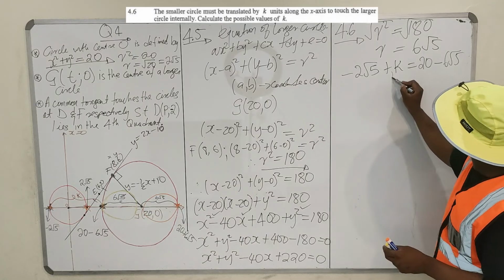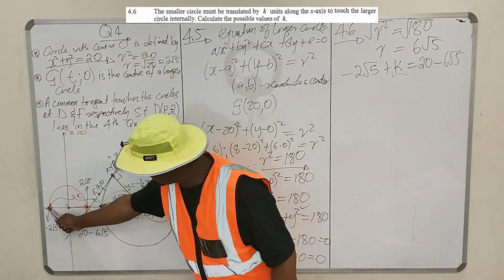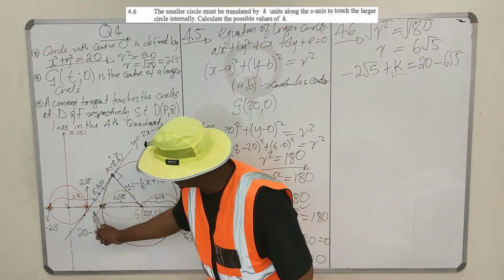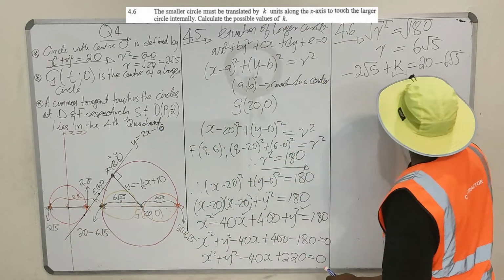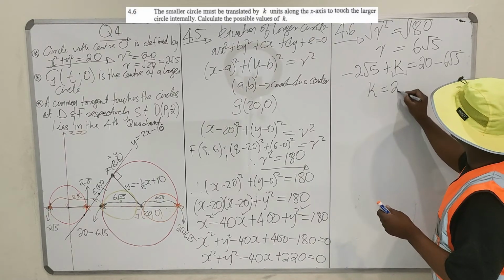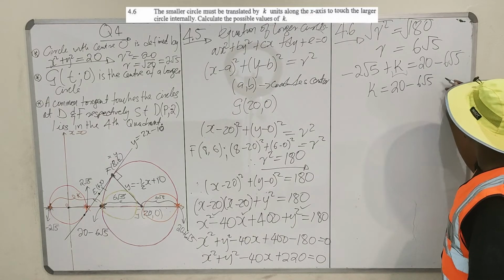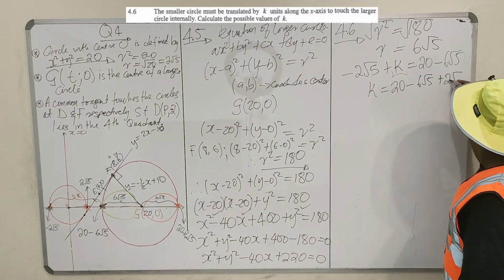So these are the units that you'll be adding on that point. You want to add these units here so that this point is sitting there. So you can solve for k. Your k should be equal to 20 minus 6 root 5, right? Plus 2 root 5.